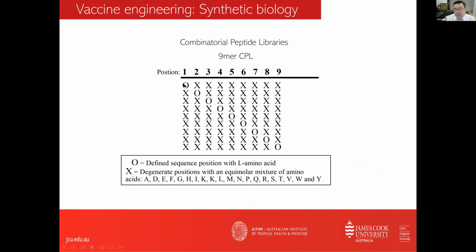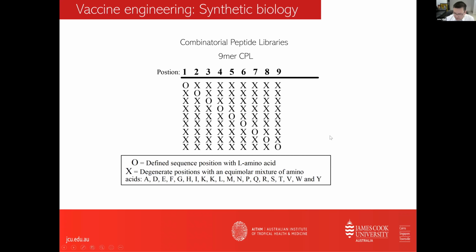What we do is fix position 1 as an alanine, and the rest of the positions are degenerate. And then we go through the whole 20 proteogenic amino acids at each position. So 9 times 20 is 180 subunits. Now I'll show you what that can achieve in the next slides.